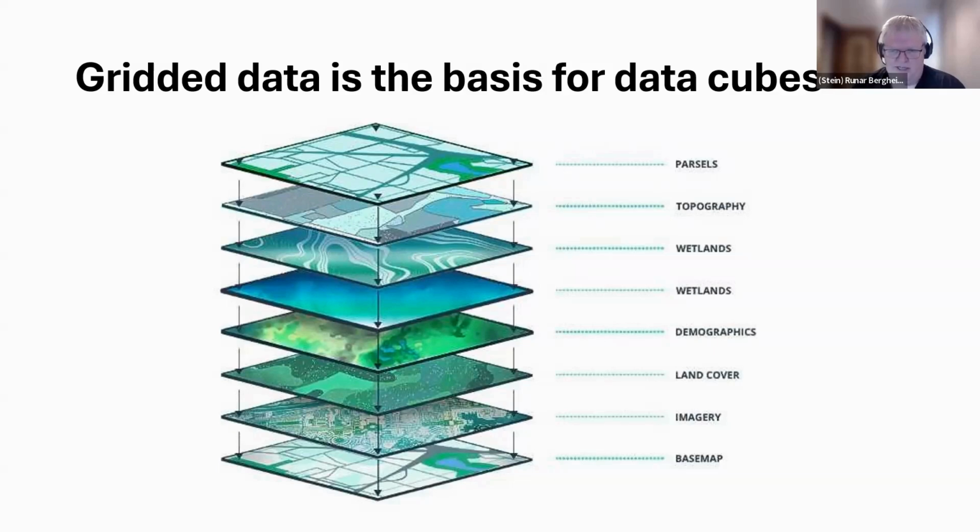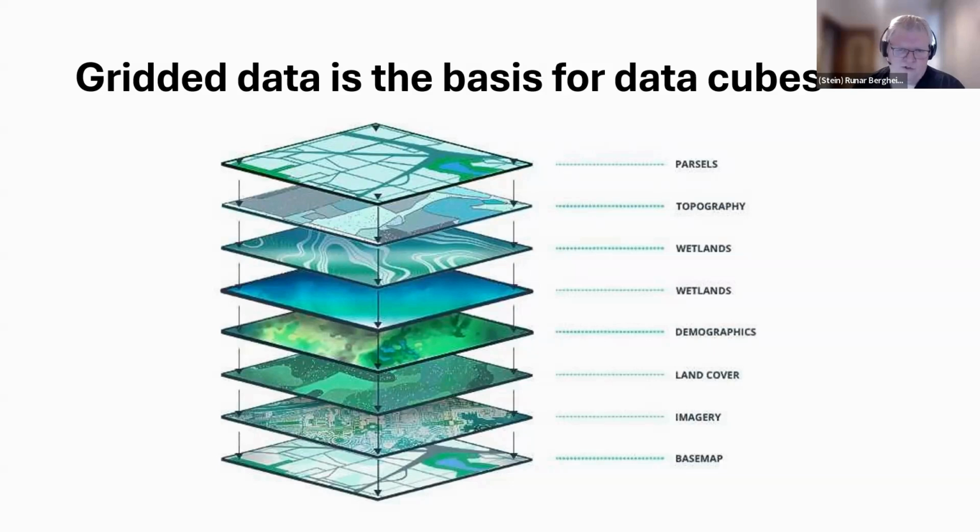So there could be data derived from imagery like vegetation indices. There could be data derived from vector mapping projects like land cover. There could be socio-economic data like demography, and so on and so forth. And all of these vary over time, and they describe the conditions in a specific location. And then these may change over time.